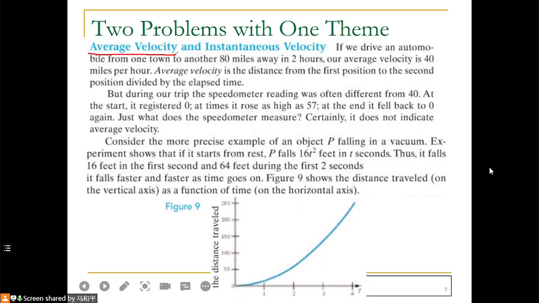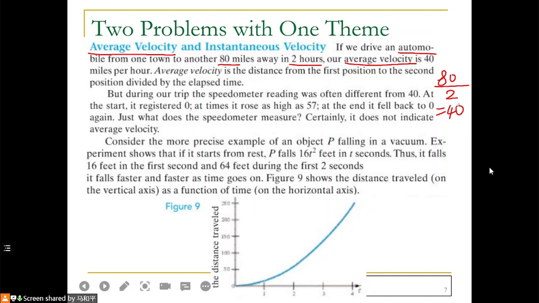For example, you drive an automobile from your dormitory to our classroom, and you take 2 hours, and it is 80 miles. So we can calculate the average velocity. This is 80 miles over 2 hours, so it's 40, right?